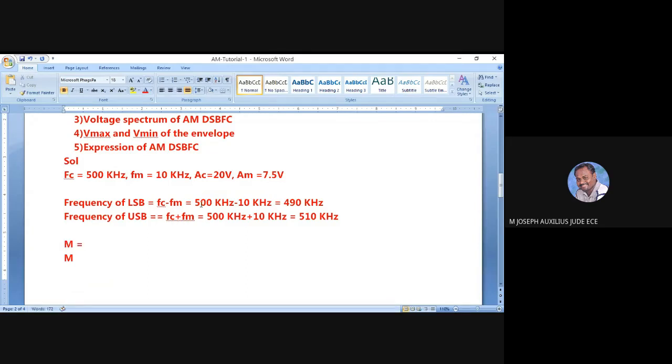Small m equals Am by Ac, which is given in equation 4.